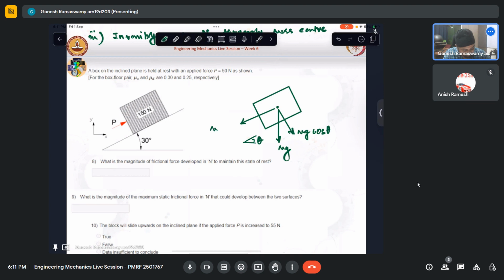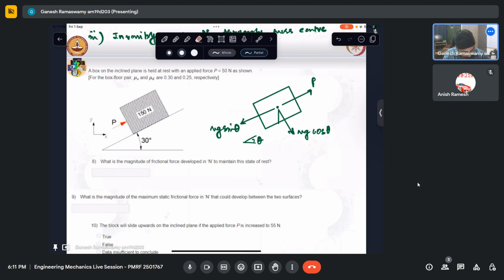This is mg sin theta, and then I have P applied here. So by principle of transmissibility, I have just moved it to the other point. Now that we have resolved this weight into its two components, we should remove this from the free body diagram. So I have removed that.